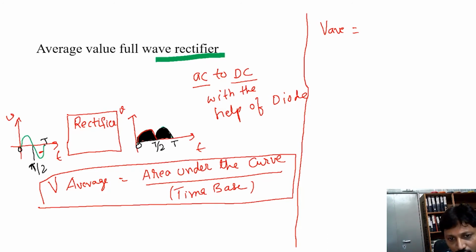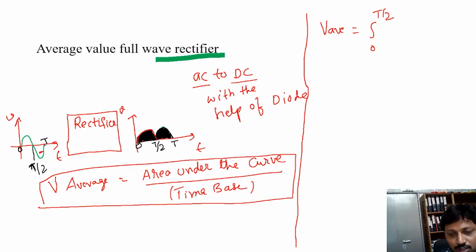You just find the average value of one cycle. Integration will give the area under the curve. So what is the area under the curve from here to here? Integral 0 to T by 2.